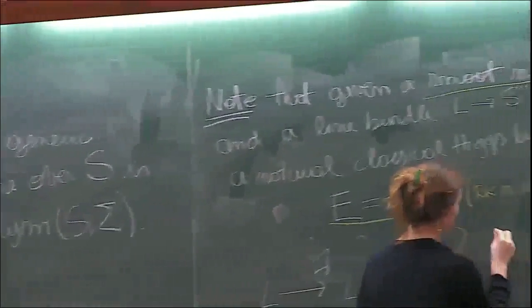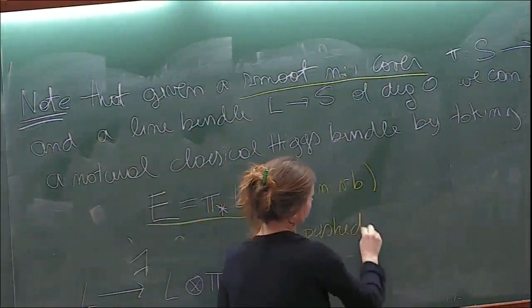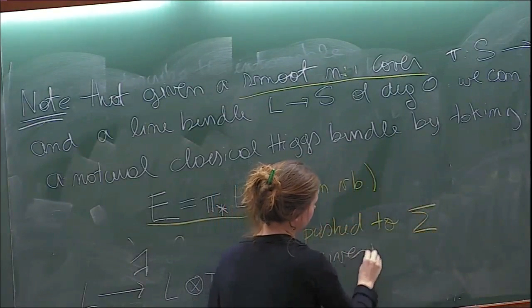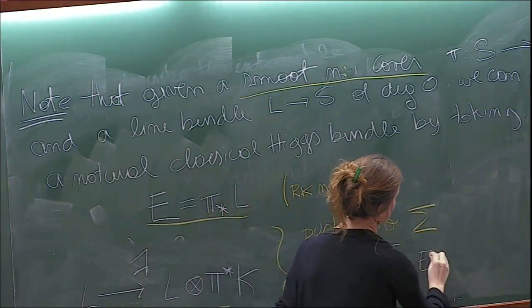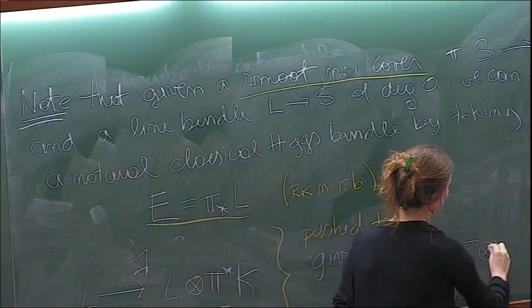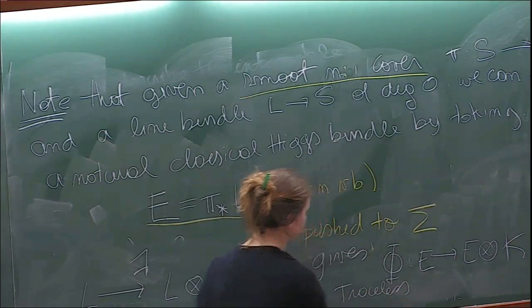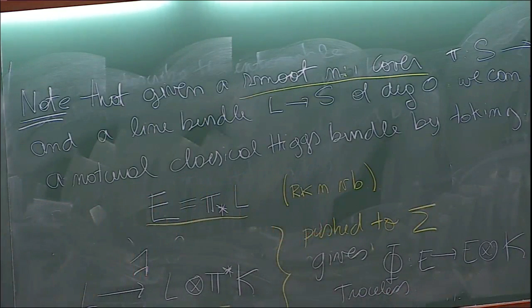So pushed to the Riemann surface gives phi from E to E tensored with K, which is traceless, because you're going to push a map on line bundles on a curve that doesn't have that factor, and that's where it's going to come. So this is going to be a few pages of calculations to see that it works. But there are very nice and straightforward calculations that will allow you to see that it works.